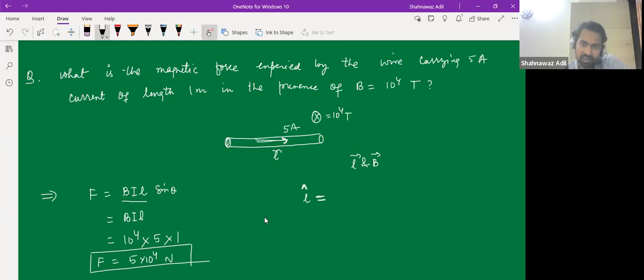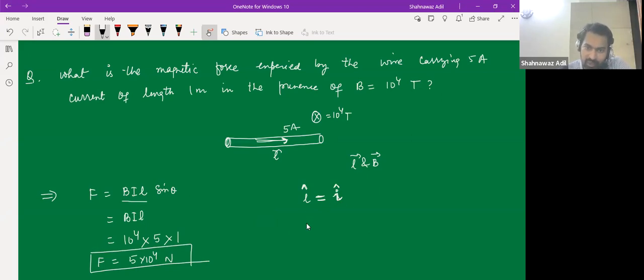Direction of L hat. X-axis, right? So direction of L hat is i hat.